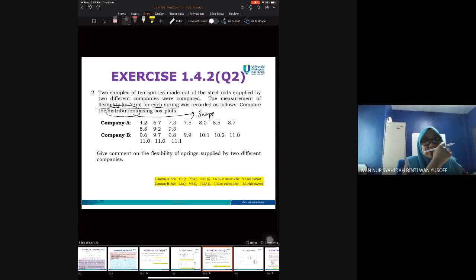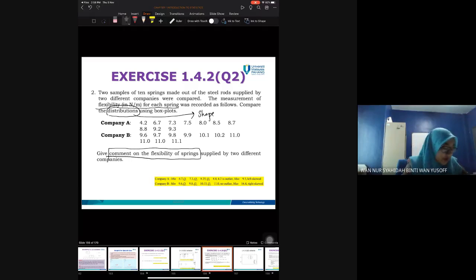With a box plot we just have three different shapes, which are left skewed, right skewed, and symmetric distribution. So give a comment on the flexibility of the spring supplied by the two different companies. We can comment on the flexibility of the spring here.